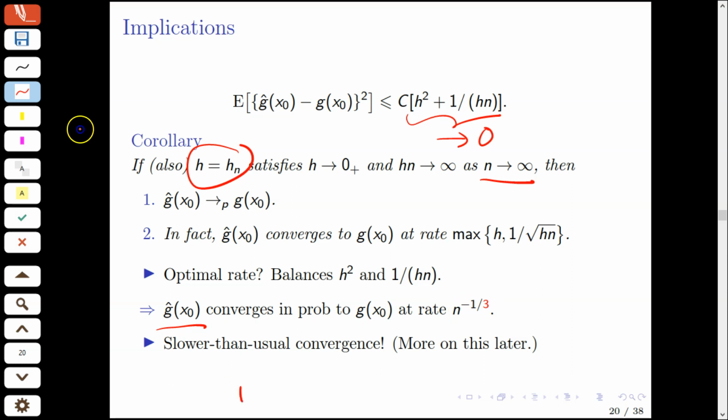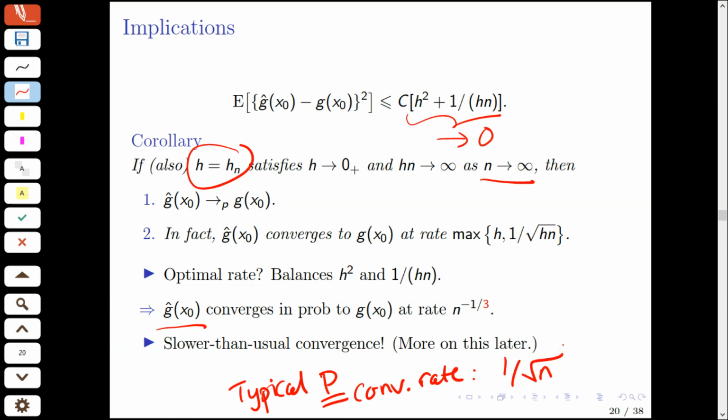Now typically, the typical convergence rate for a parametric estimation method is 1 over the square root of the sample size, or n to the minus 1/2.